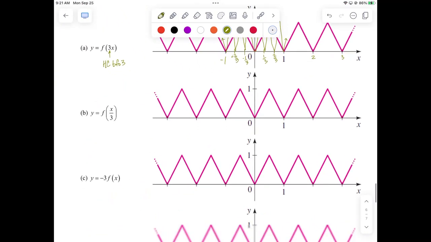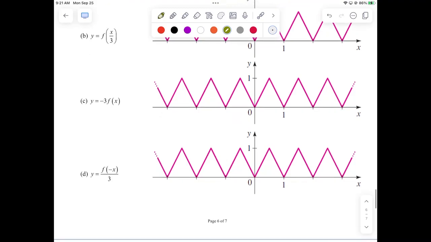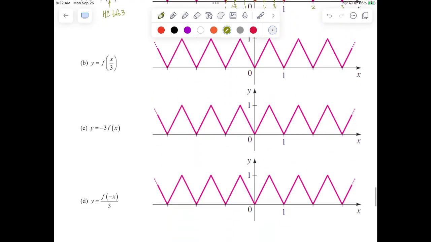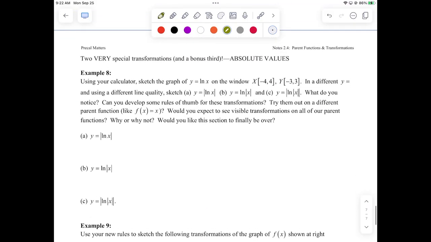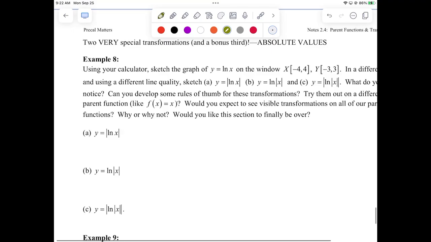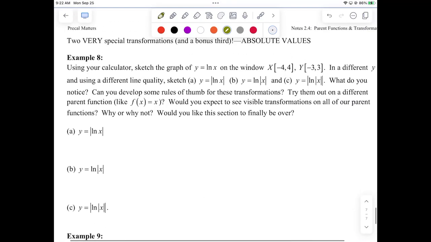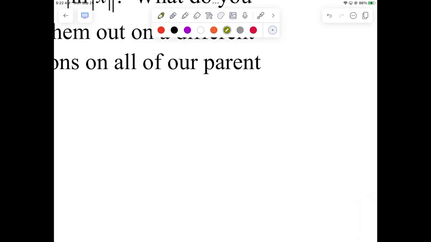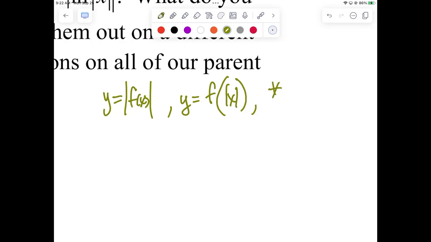So I'm going to let you figure out the rest of it. Equal of, and then the bonus third is just a combination. We're going to look at both of them together.